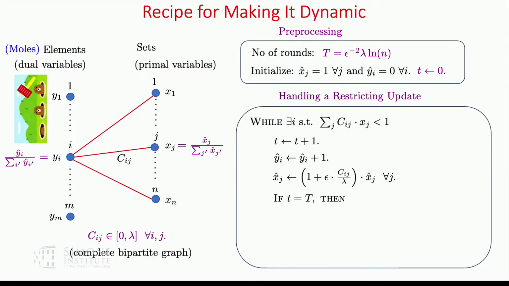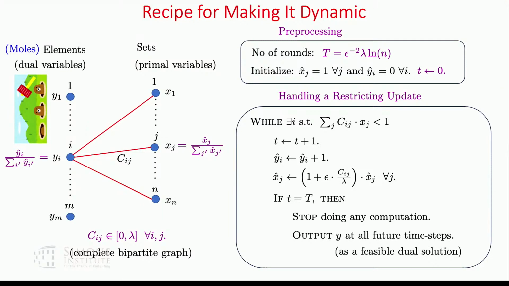Did that. And then if we have reached this threshold capital T, then we have gone on for too many iterations. So we will just claim that the dual solution we have is a feasible packing solution. So we will just stop doing any computation. We'll just output this Y at all future time steps as a feasible packing solution.